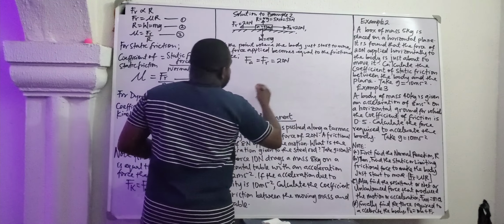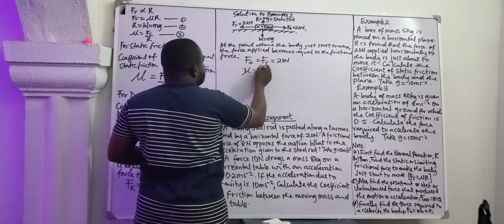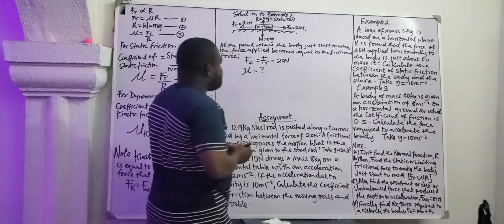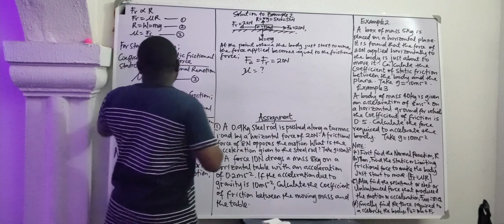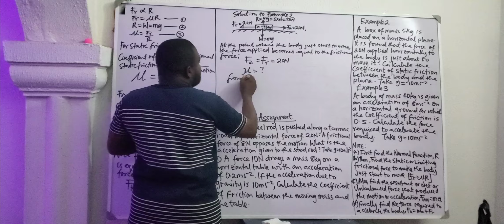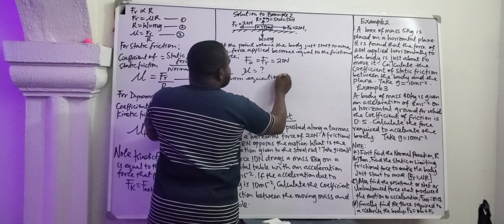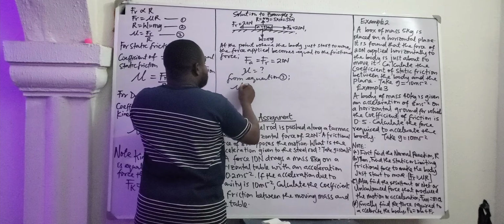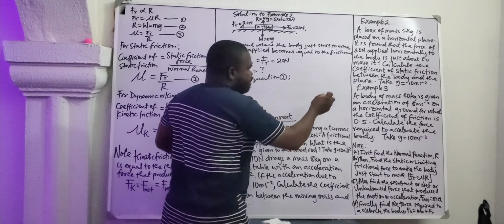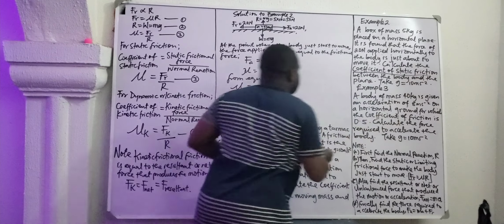So, which means if we want to now get the coefficient of friction, which we are asked to look for in this question, we will quote the formula now. Equation 3. So we say from equation 3, the coefficient of static friction, because that's what the question says, find the coefficient of static friction.